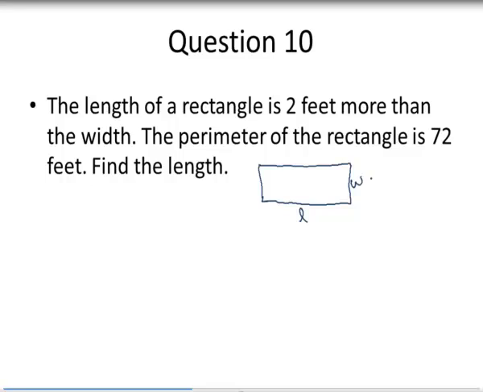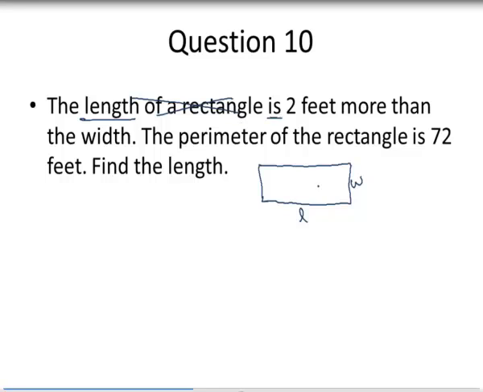What information do we have? The length of a rectangle is 2 feet more than the width. So I don't really know anything about width. So we're just going to leave width here alone, but I do know some stuff about length, so I'm going to write a little equation for length. It says the length, I'm Xing this out, it's a prepositional phrase, you can get rid of it, but that's going real grammar on you, okay.